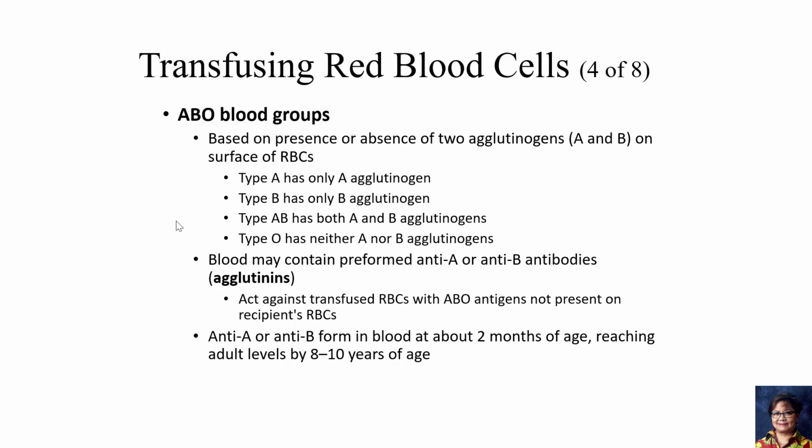If you have both agglutinogen A and B on the surface of the red blood cell, that makes your blood type AB. And if you do not have any agglutinogen A or B, then that makes your blood type O. And in so doing, each agglutinogen has a corresponding antibody, otherwise known as agglutinin.